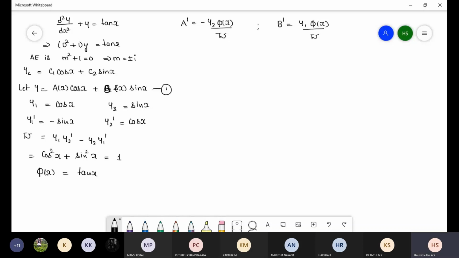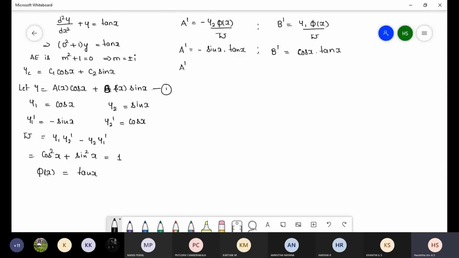Now a dash is equal to minus y2, which is sin x, phi of x is tan x, and w value is 1. So I just divide by 1, which means minus sin x into tan x. B dash is y1, which is cos x, into phi of x, tan x, divided by 1.